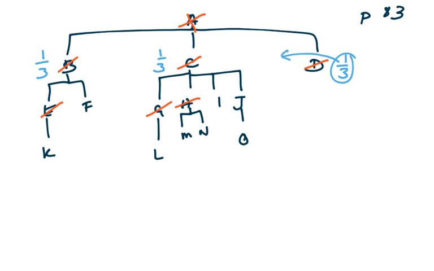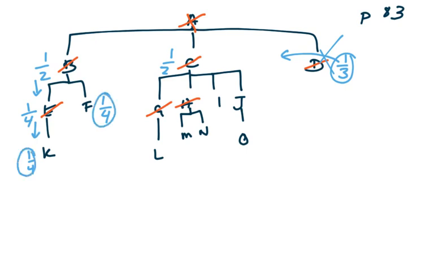And so we really then are dividing by 2 because this line has died out. So then we would drop this half, which means it's divided by 2. And we would drop this down to K. So K gets a quarter, F gets a quarter.